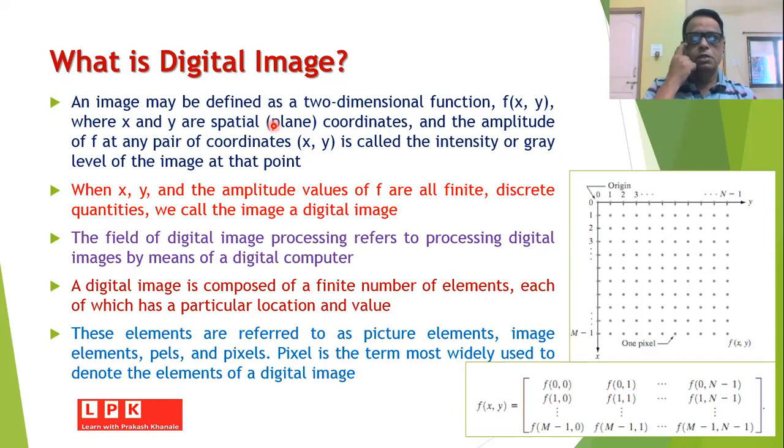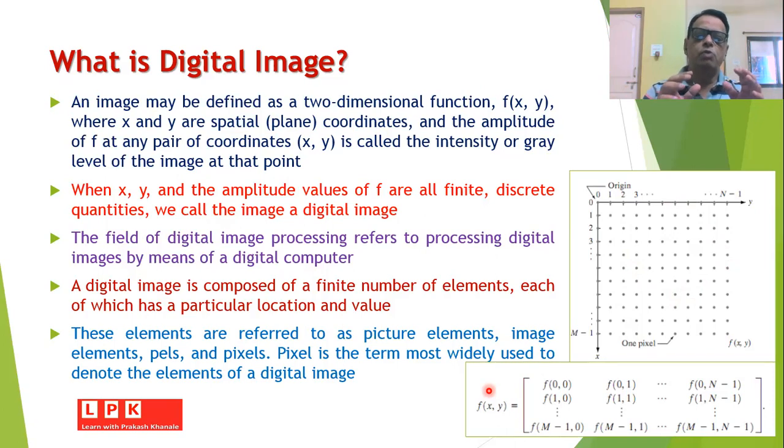Any digital image is basically a collection of small points called pixels, and every pixel has a certain gray level or intensity value, described by the function f(x,y), which can be written in matrix form.